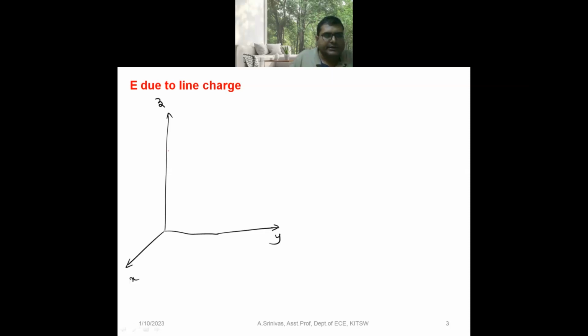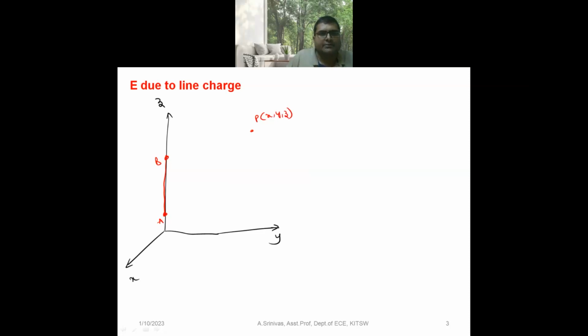Consider a line charge. A charge is uniformly distributed over a line from point A to point B, and at point P we are supposed to calculate the electric field.